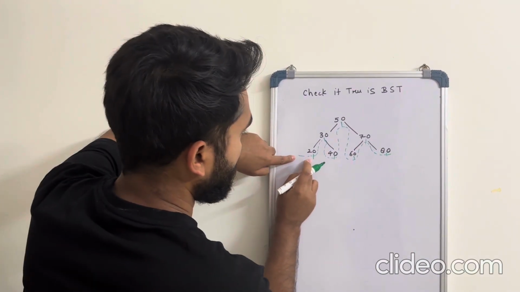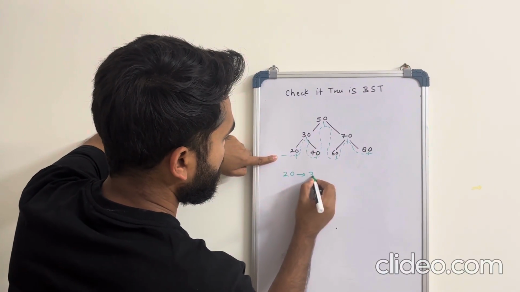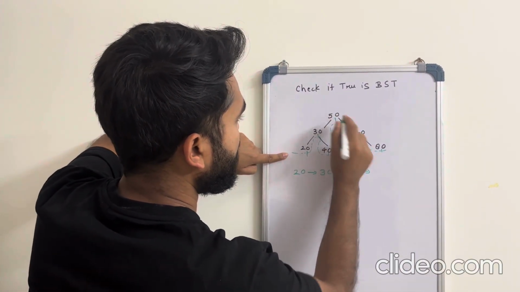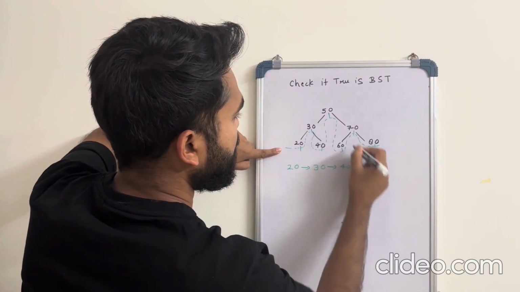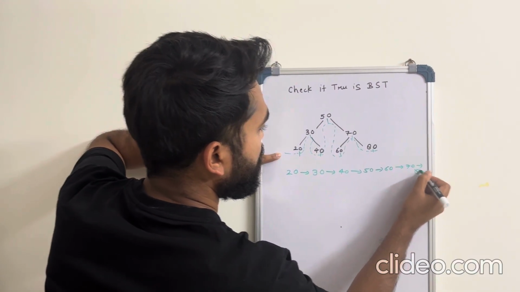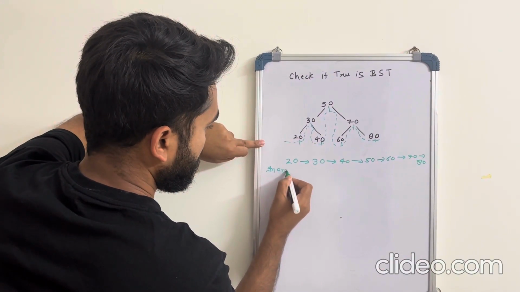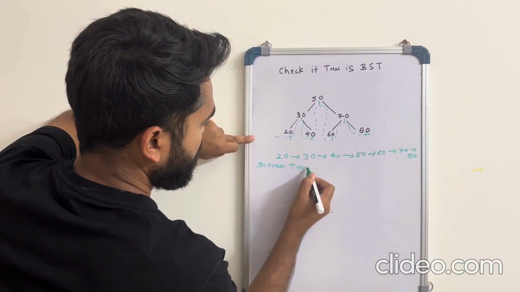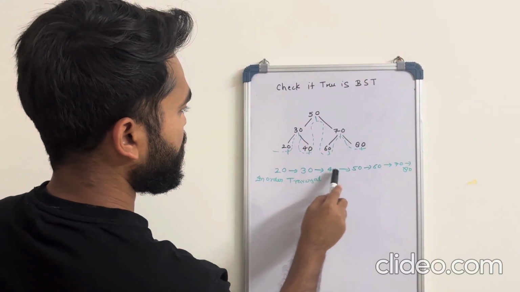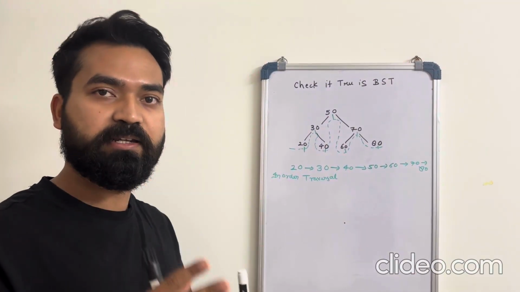So first will be 20, then 30, then 40, then 50, then 60, then 70, then 80. If you look at this in-order traversal clearly, it is sorted: 20, 30, 40, 50, 60, 70, 80. So in-order traversal of a binary search tree is sorted.